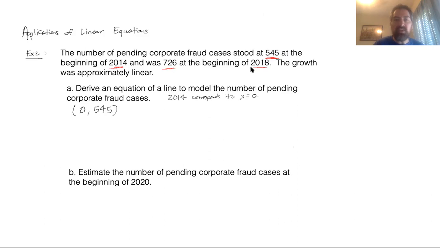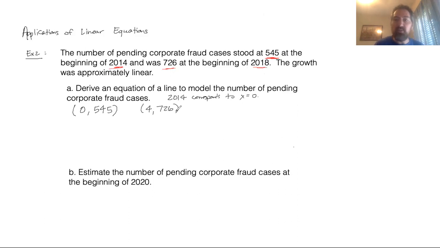All right, so 2018 would correspond to what X value? Right, if 2014 was X equals 0, then 2018 would be X equal 4, right? That's 4 years later. And that has 726 for the number of cases.